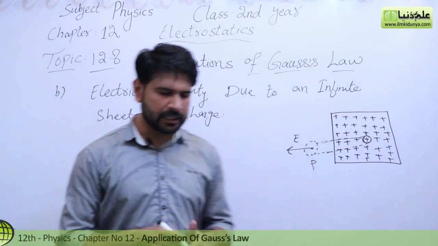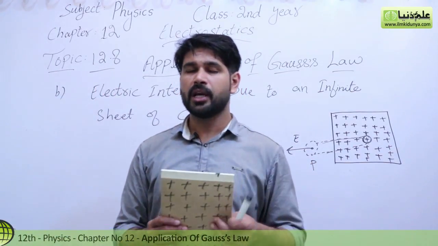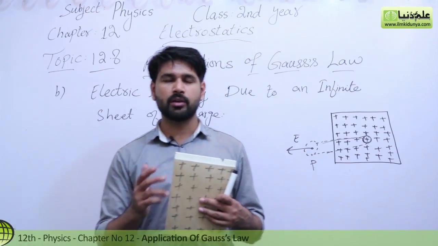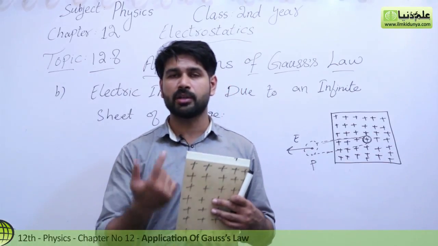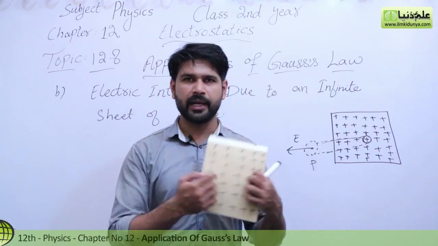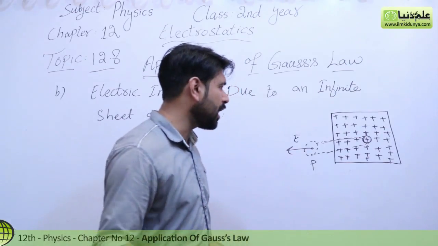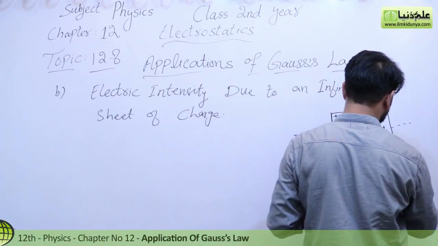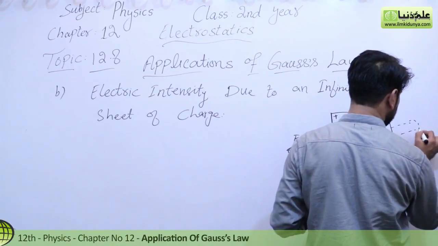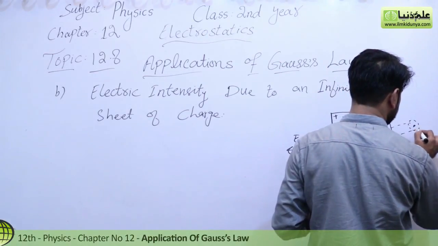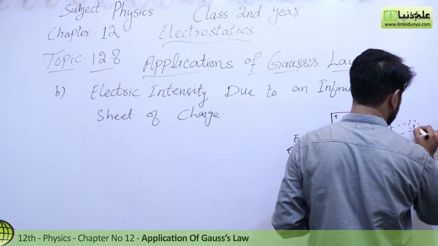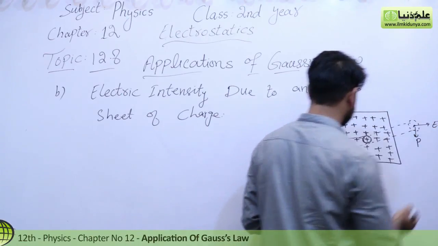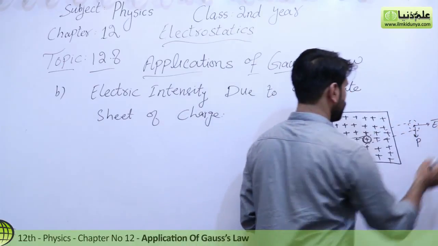Students, you can see that if this is a charge sheet, there is an electric field intensity on both sides, this side and that side. By symmetry, this is also a point P, with an electric field on the other side.